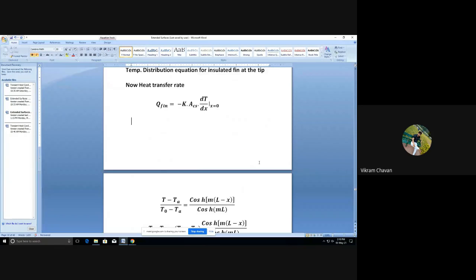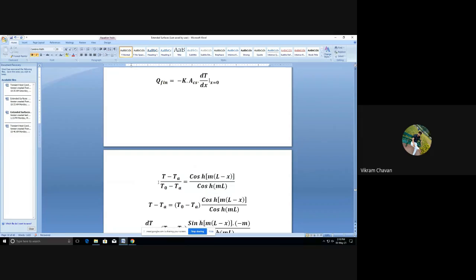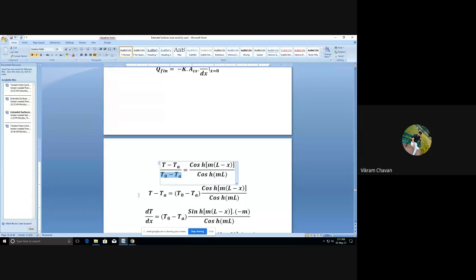Our equation is T minus Ta divided by T naught minus Ta, equal to cosh of m into bracket L minus x, divided by cosh of m multiplied by L. If we transfer the denominator from the left-hand side to the right-hand side, it will be a multiplication. So we get T minus Ta equal to T naught minus Ta times cosh of m into bracket L minus x, divided by cosh of m multiplied by L.